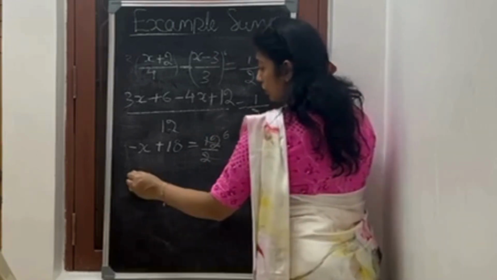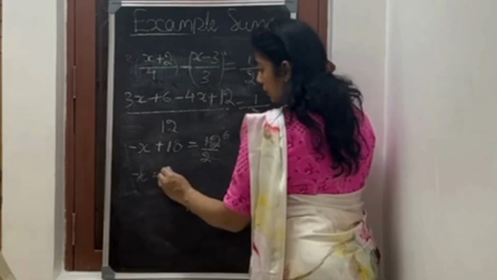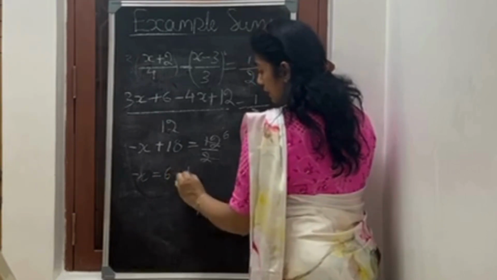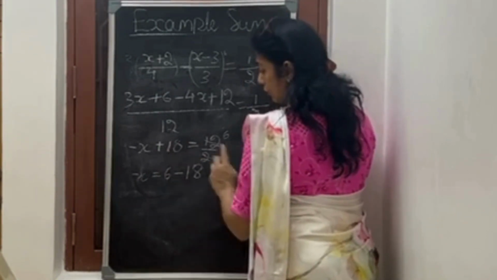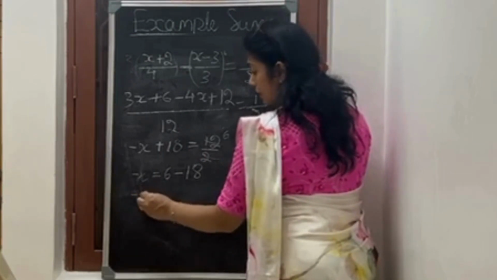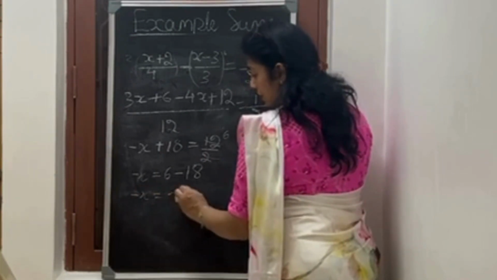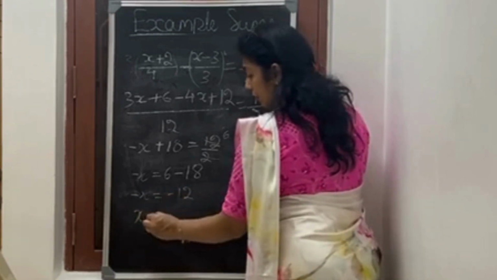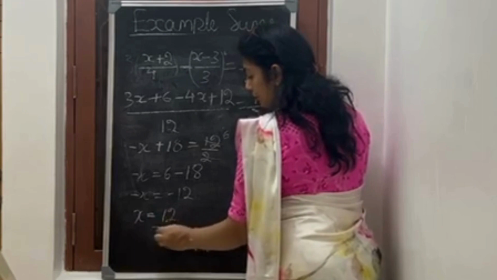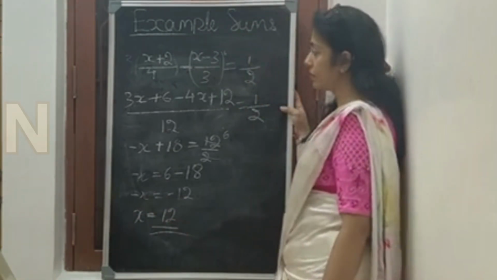Okay, so minus x equals to 6 minus 18. I took the 18 to the other side. So it will be minus x equals to minus 12. Because both are negative numbers, I can remove them and write x equals to 12. So what is x? x is 12.